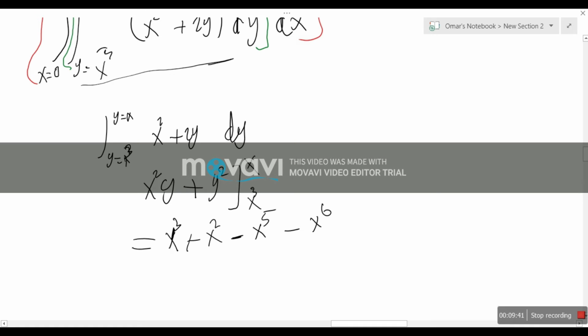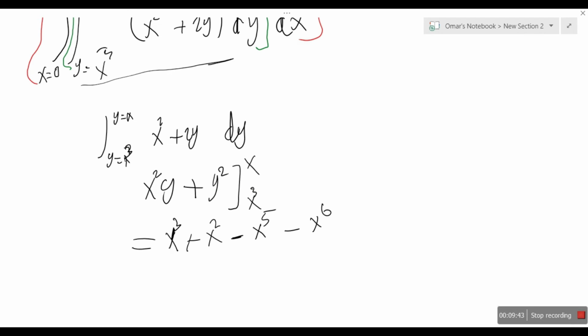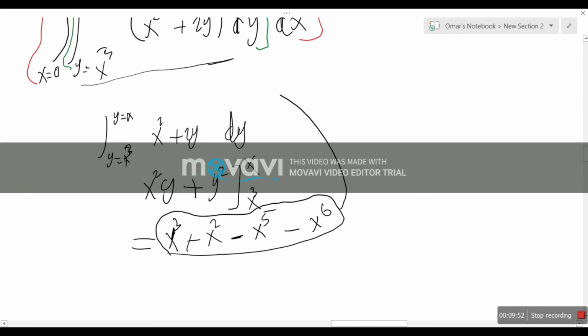Now this value over here is just the value of this integral.